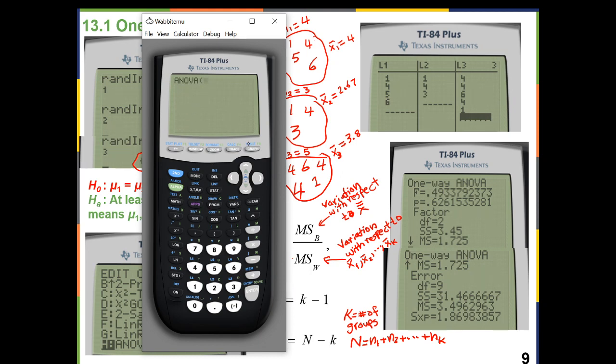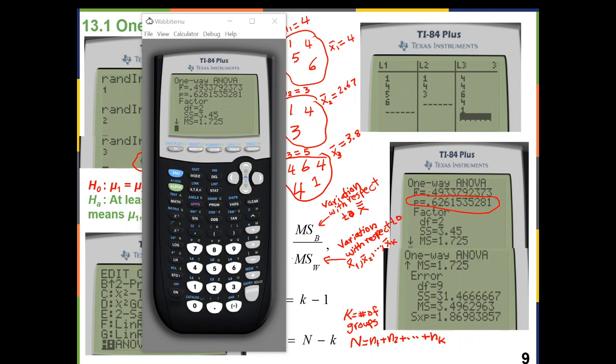We get ANOVA from stat test, and we just put L1, comma, L2, comma, L3, and then press enter. There, the test is done for us. That's our p-value. See that p-value? So this right here is our p-value.